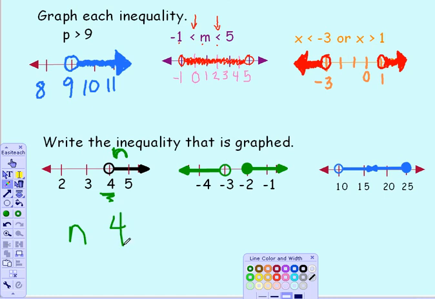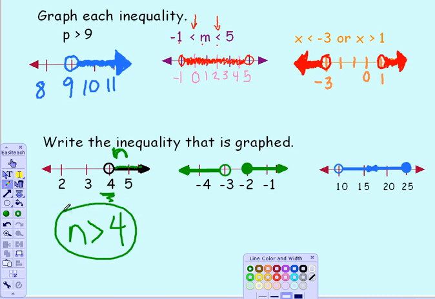What numbers are being described by all of these? If we look at the graph, all of these numbers that are already colored in are all bigger than 4. So we're going to say n is greater than 4. Since it's an open circle, we're going to leave this as just a greater than. We do not underline it. So n is greater than 4 is our solution set.